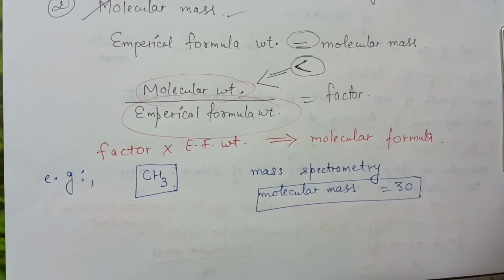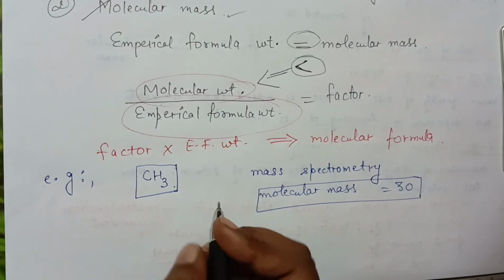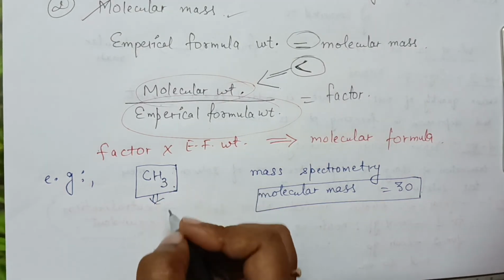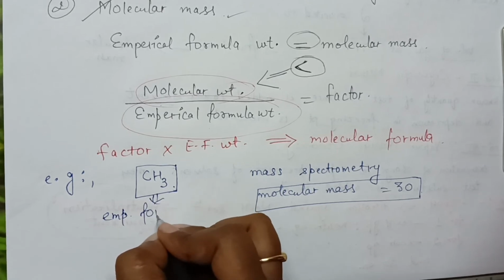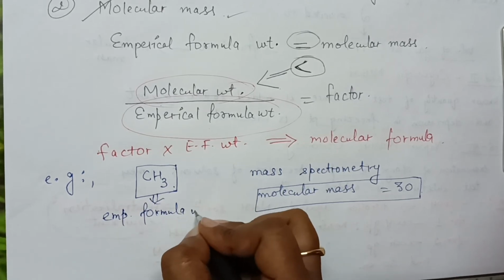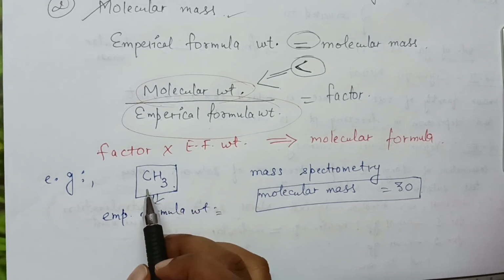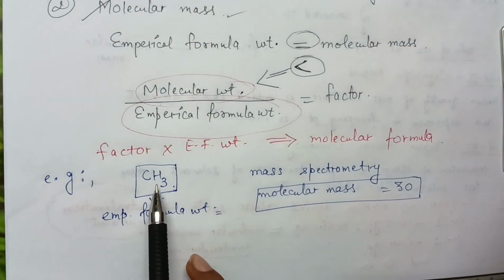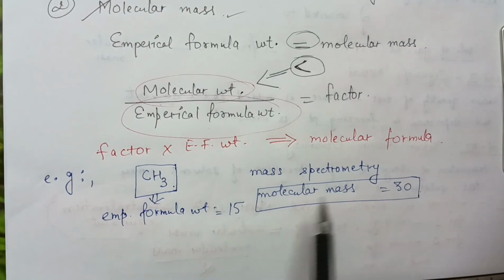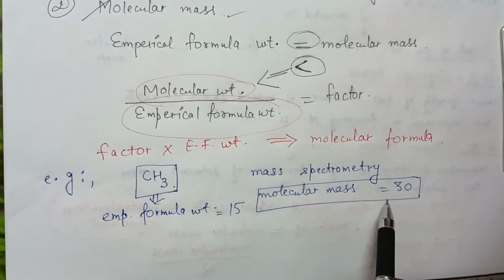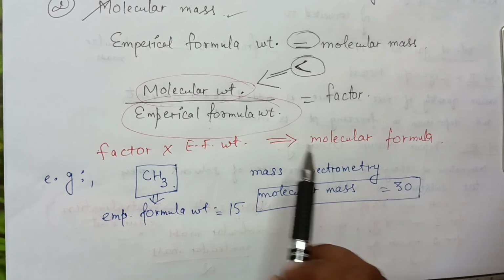Oftentimes the empirical formula weight equals the molecular mass. Now let's find the empirical formula weight: for carbon the weight is 12 and for hydrogen it is 1, so 12 plus 3 is 15. So the empirical formula weight is 15 and the molecular mass is 30, which means the empirical formula weight is less than the molecular mass.